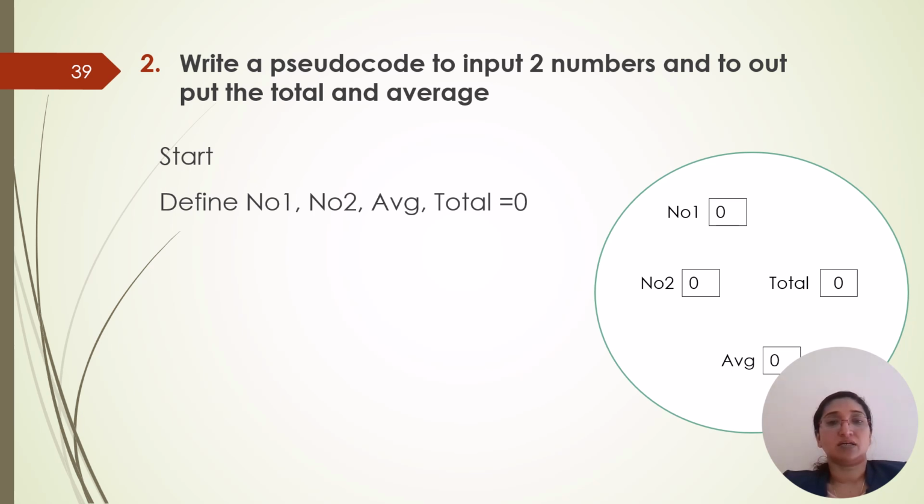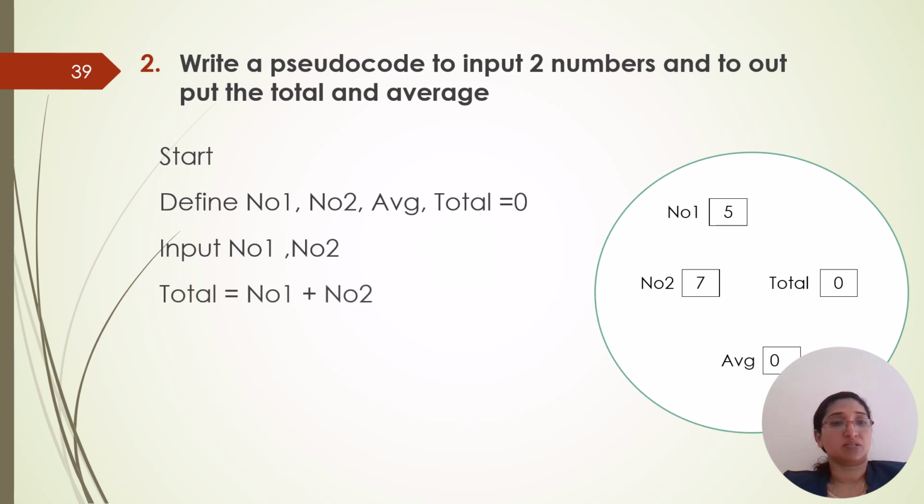So it allocates two variables to get the numbers, and one for the total and one for the average. Input number 1 and number 2. Say for number 1 you input 5, for number 2 you input 7.